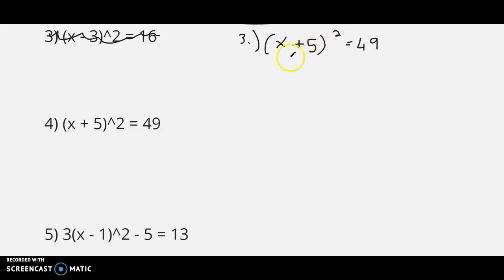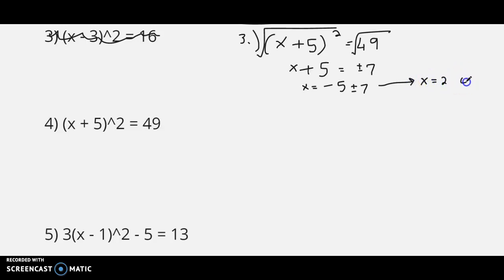Right away, the square term is present. We're going to start off by taking the square root of both sides. That leaves us with x plus 5 equals the square root of 49, which is plus or minus 7. So we have 2 answers. X equals negative 5, because we subtract 5 from both sides, plus or minus 7. Negative 5 plus 7 is 2. Negative 5 minus 7, negative 12.